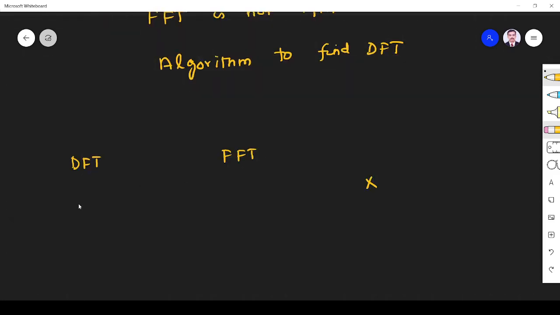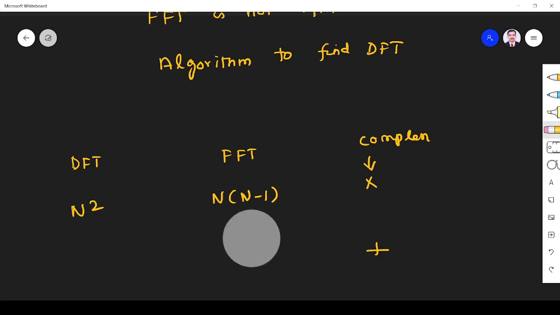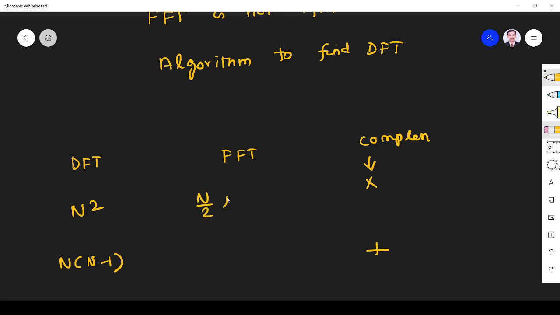The number of complex multiplications in DFT is N squared, that is N into N minus 1. Complex, not real, multiplication. The number of complex additions in DFT is N into N minus 1, sorry, please forgive me. In FFT, the number of complex multiplications is N by 2 log N base 2, and the number of complex additions is N log N base 2.